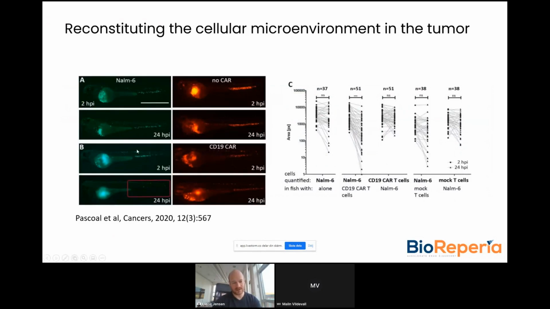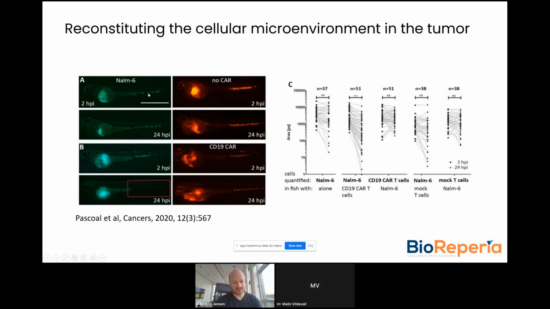You can see the green lymphoma cells present here in the caudal hematopoietic plexus at 2 hours post injection, but they were all eradicated when CD19 enhanced CAR cells, or CAR cells that were genetically manipulated to activate the T cell receptor signaling when engaging CD19, were added to the system.